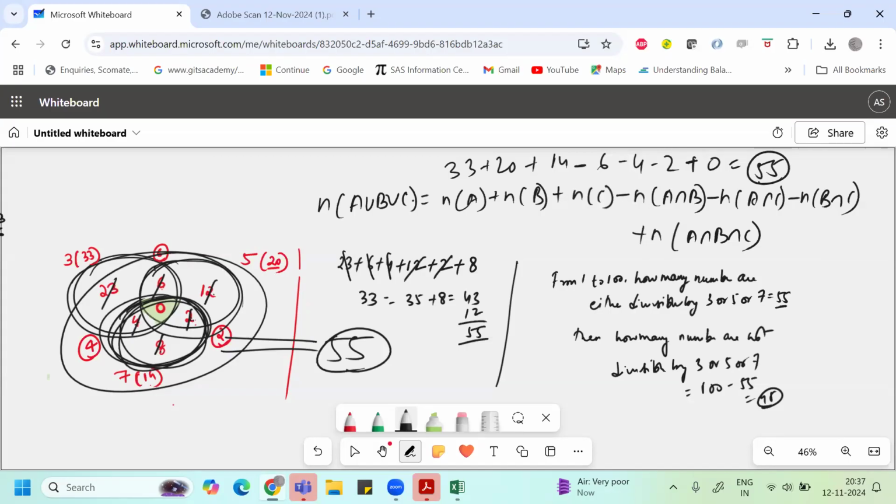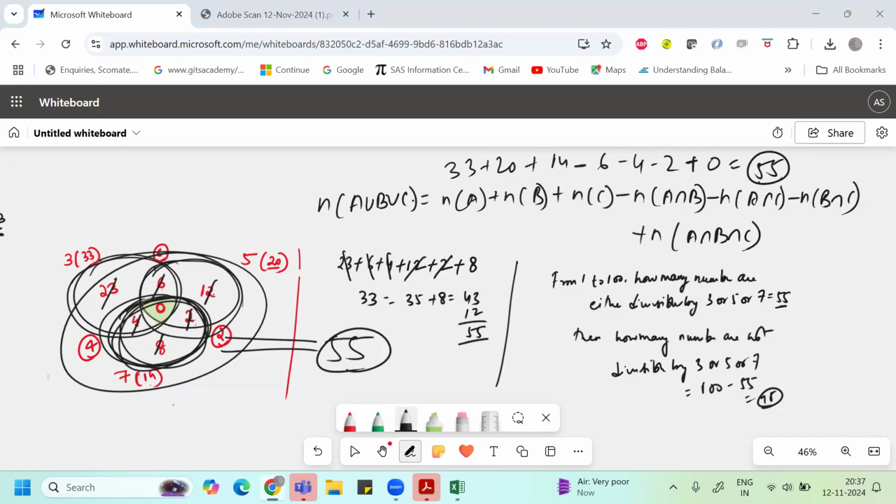Clear, guys? Understood? Any part you have not understood, please ask me. Karthik has understood. Ramya, Mario, Hemant, Aishri have understood.